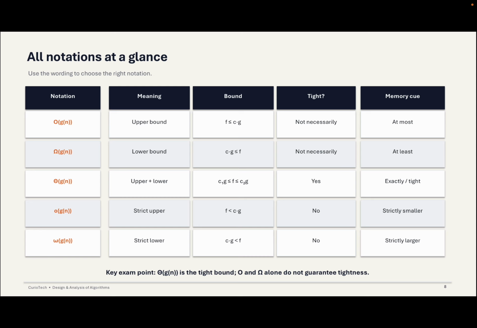Alright. Now here it is about all the notations at a glance. These are all the notations that we talk about: big O Gn, big omega, theta, little o and little omega. These are the meanings of them. If we are talking about big O, that means upper bound. If we are talking about omega, that means lower bound.